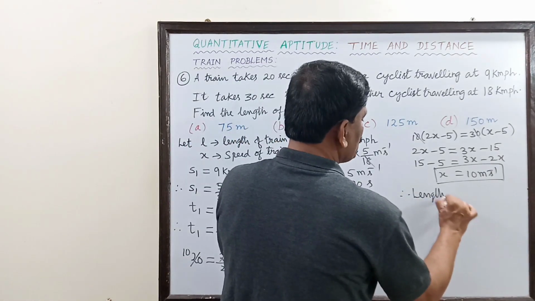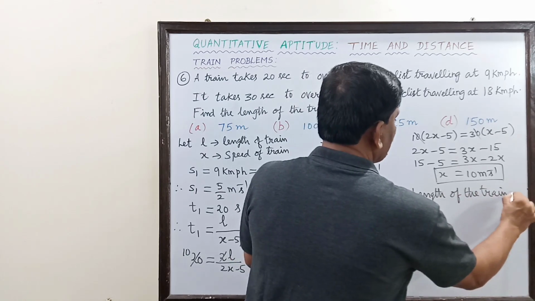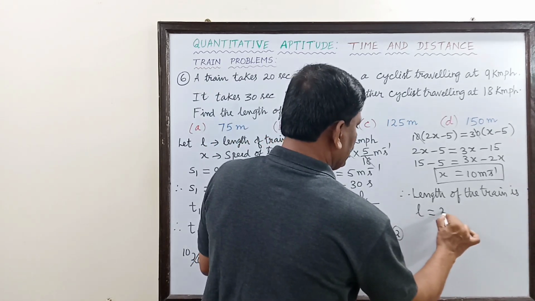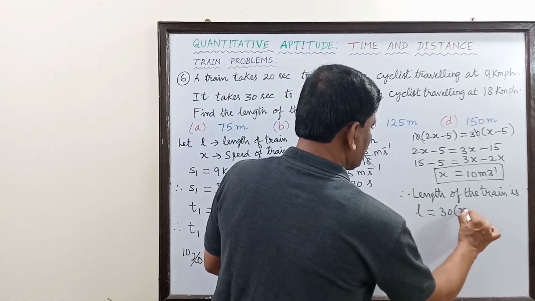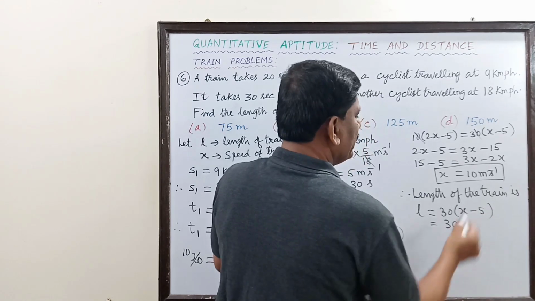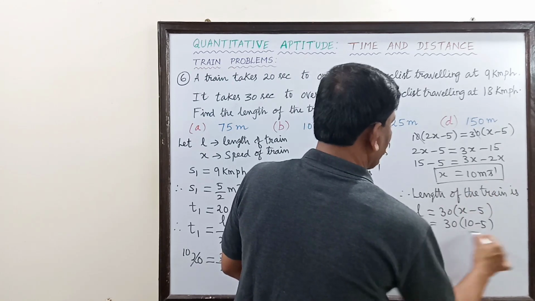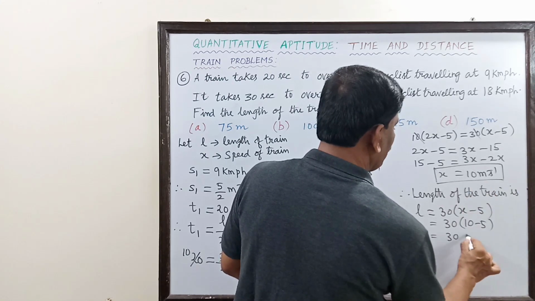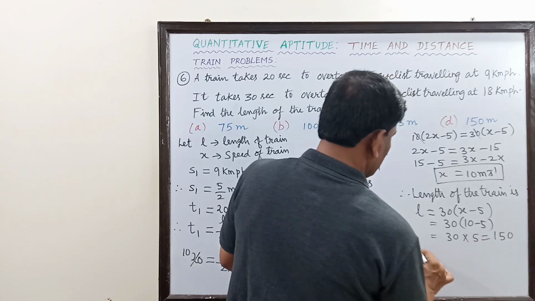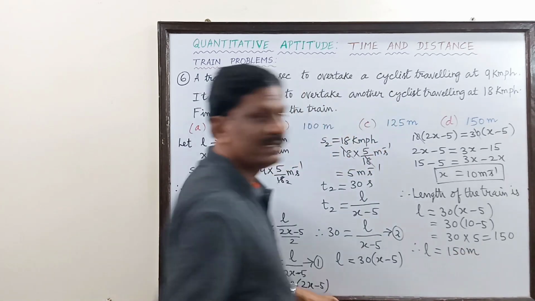I can substitute L is equal to 30 multiplied by x minus 5. So this is equal to 30 into x, which is 10, minus 5. So this is equal to 30 multiplied by 5, which is 150. Therefore, the length of the train must be equal to 150 meters.